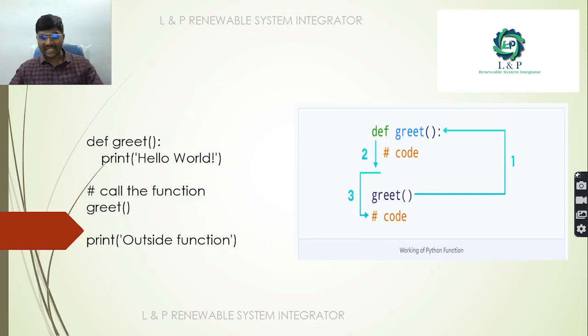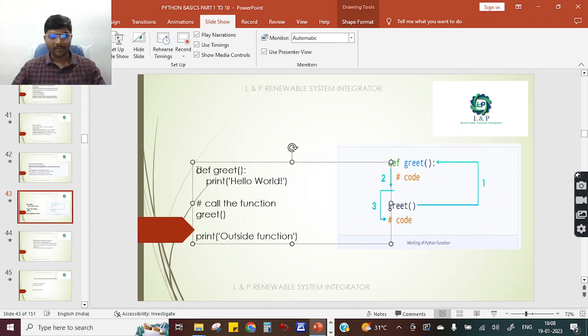Now this is an example of how a Python function will work. Under the def only, we will write that particular code, and after greet, we will use that another code. Let us try to execute this code in our PyCharm. Here we have defined print hello world. We are calling the greet function again so that we print it outside as well.